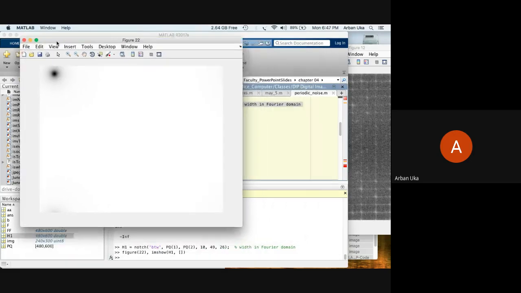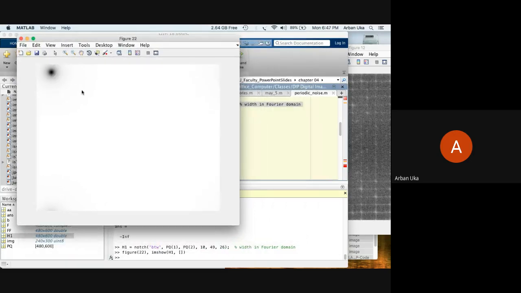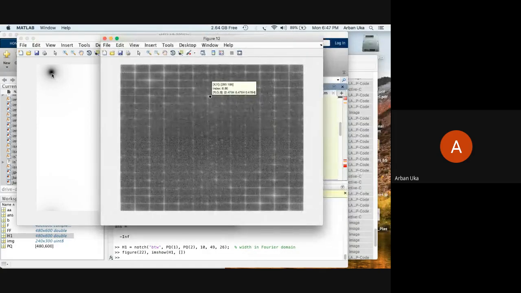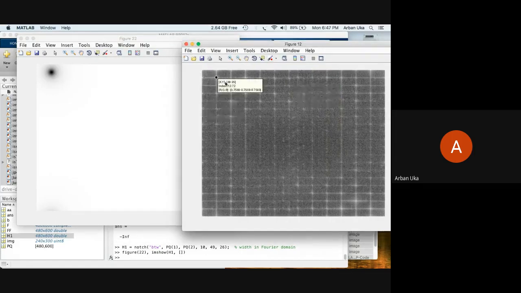This H1 is a notch filter because it is 0 right at this specific value, which is at 4926. And we assigned the bandwidth of 10.